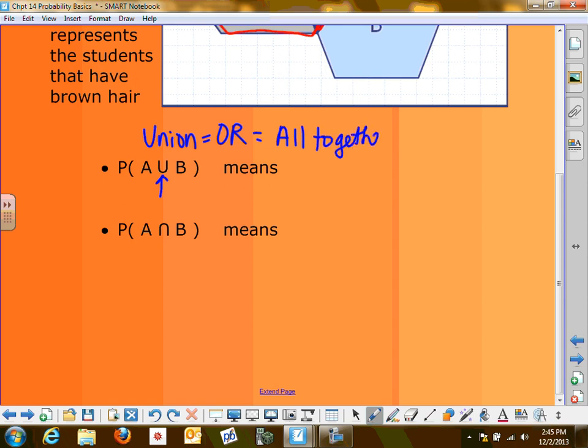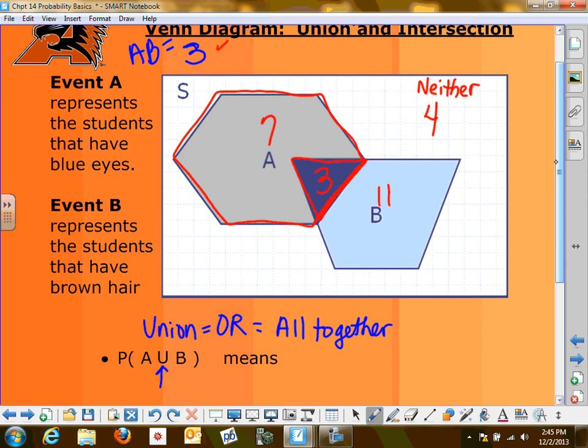So this is going to include the blue-eyed, the brown-haired, and the ones that have both are also included in this. So how many are A union B? Blue eyes union brown hair. All of this, which is 21. So all of that is the union.